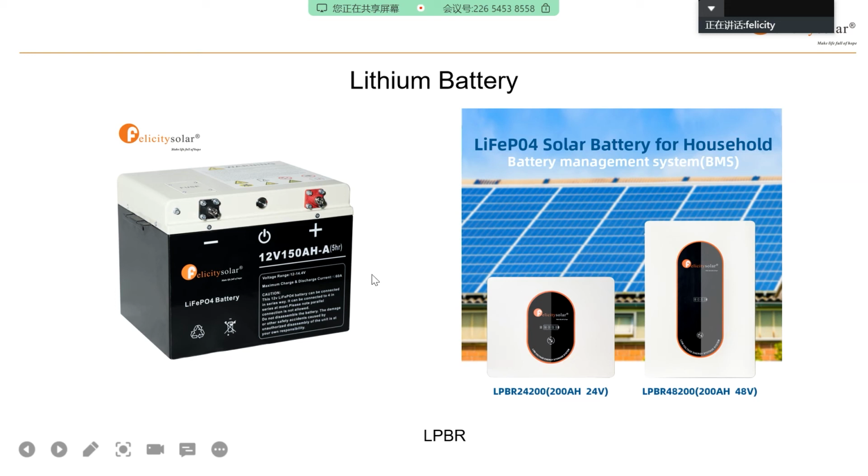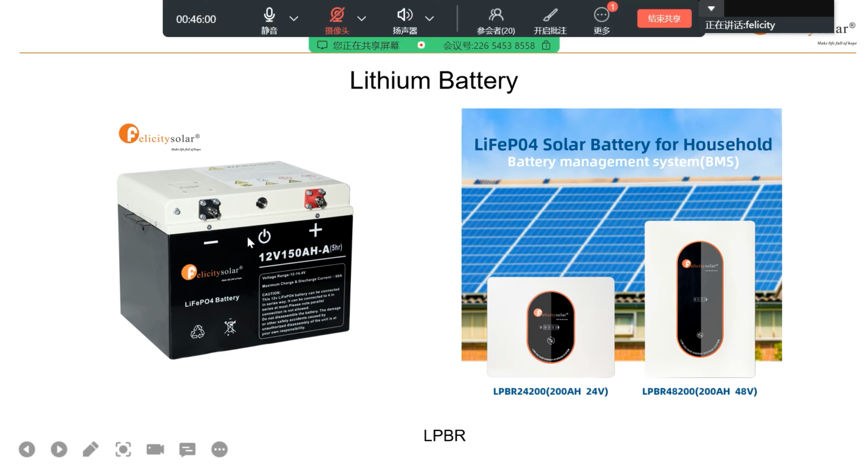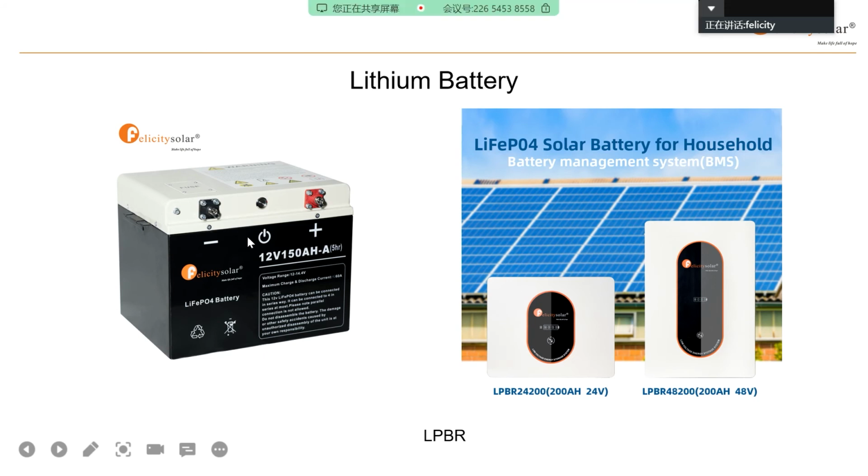The 12 volt is a little special because it can be connected in series and in parallel. The maximum is a 4-piece series string and 6 parallel, meaning a maximum of 24 pieces in total.